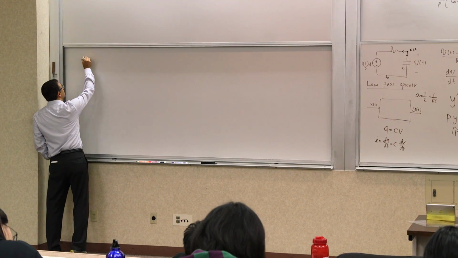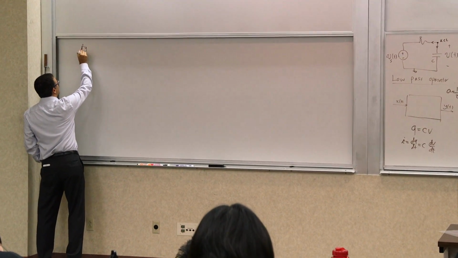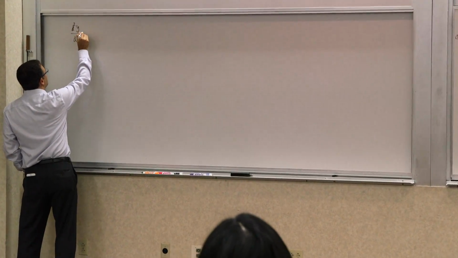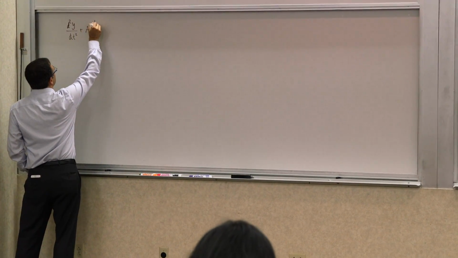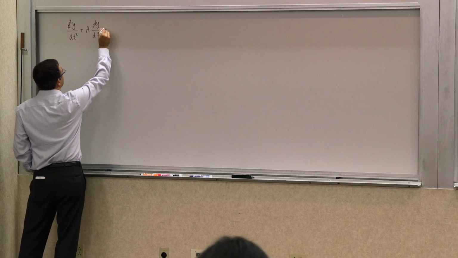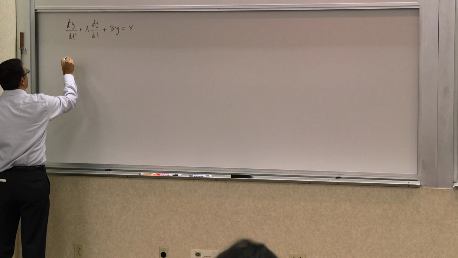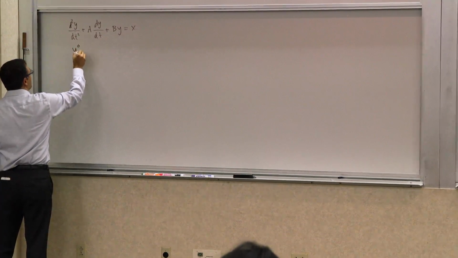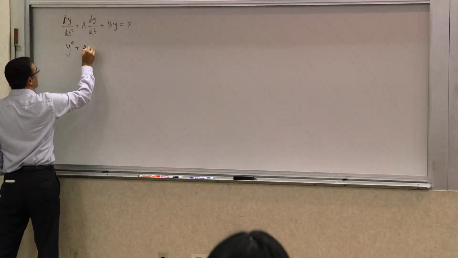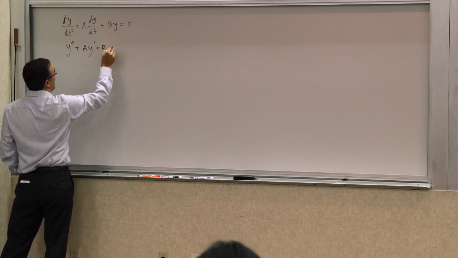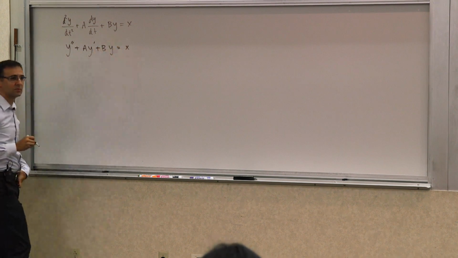Let's say you have d squared y over dt squared plus a dy over dt plus b y equals x. Or in shorter notation, y double prime plus a y prime plus b y equals x.